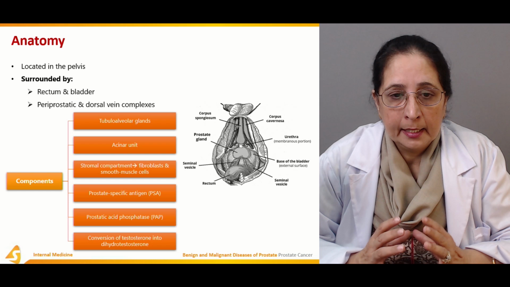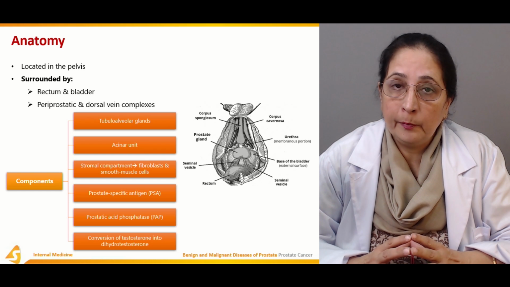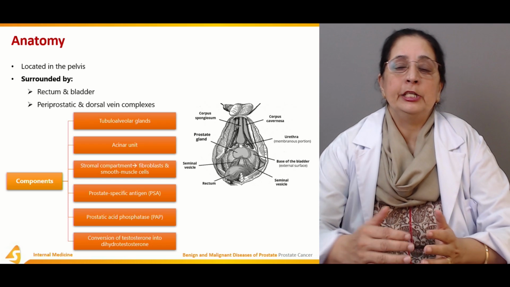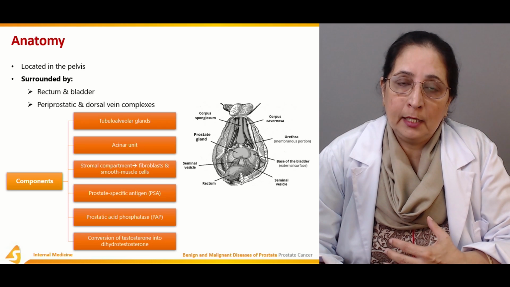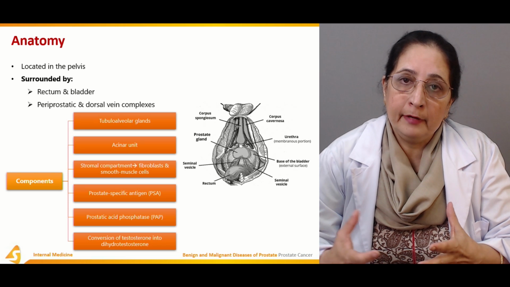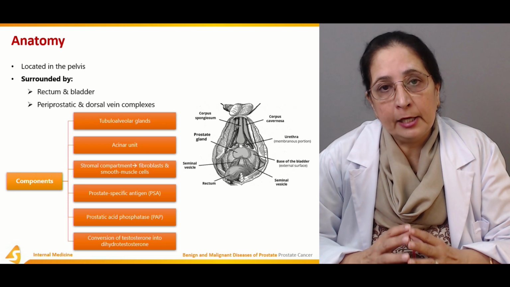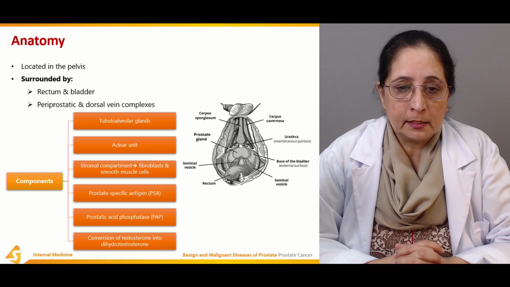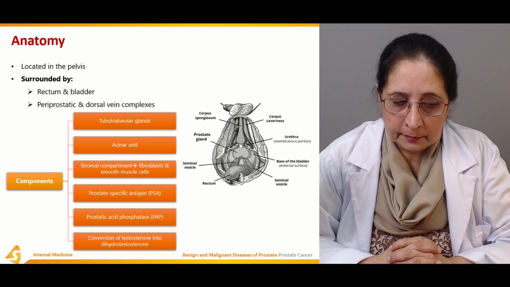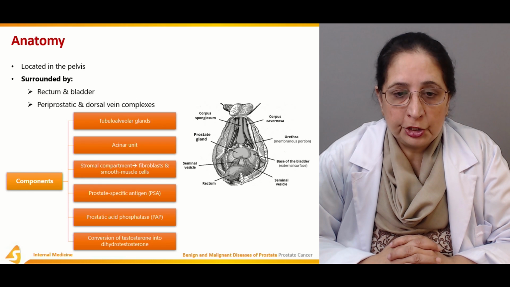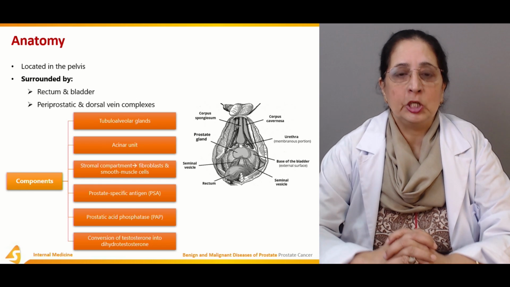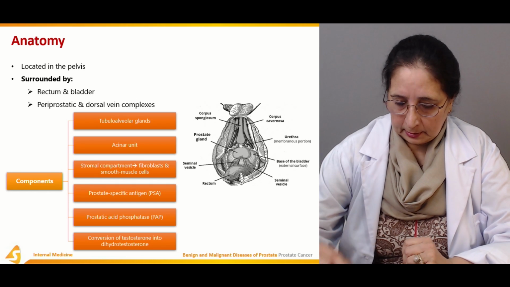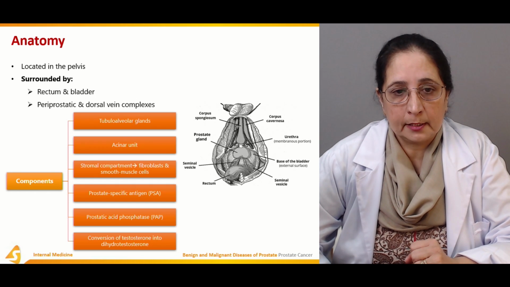Acinar unit, then we have the fibroblast and smooth muscle cells, prostate-specific antigen, which you will see later on in the lecture, that is very, very important for the diagnosis of prostate cancer. Then we have prostatic acid phosphatase and conversion of testosterone into dihydrotestosterone occurs in the prostate.